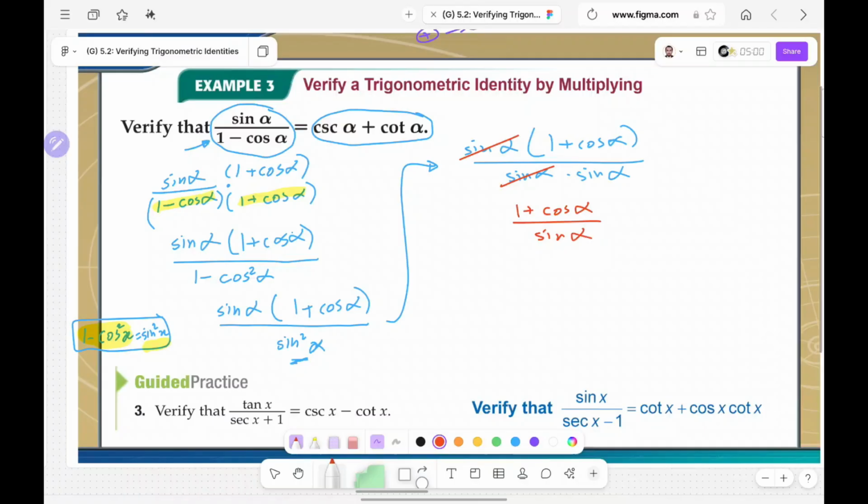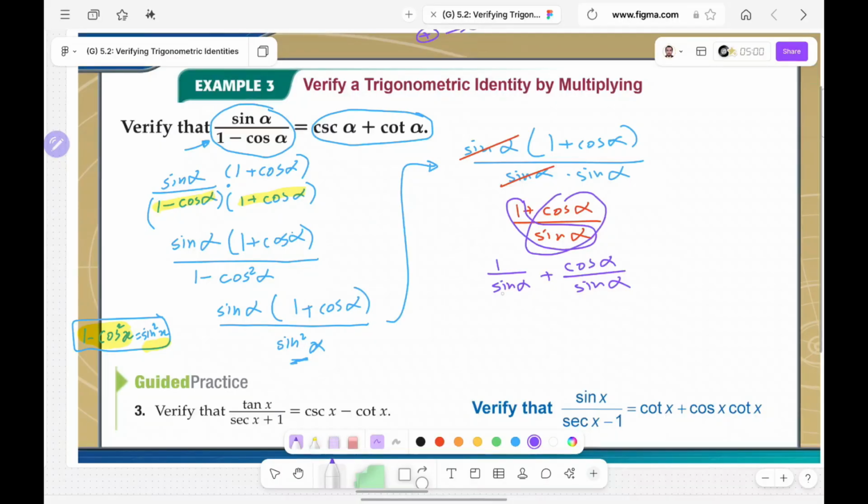Now, if I need to simplify this one more, we are doing the hard way. What's the hard way? Which is 1 over sine beta plus cosine beta over sine beta.